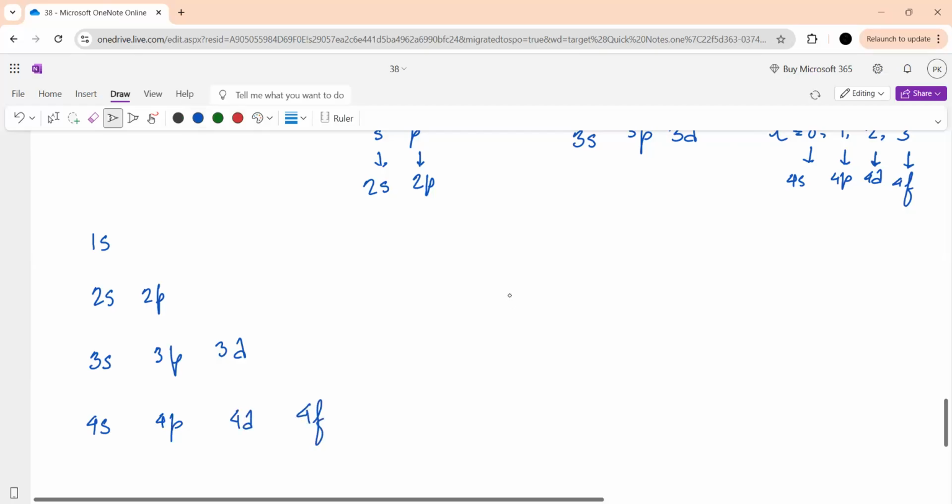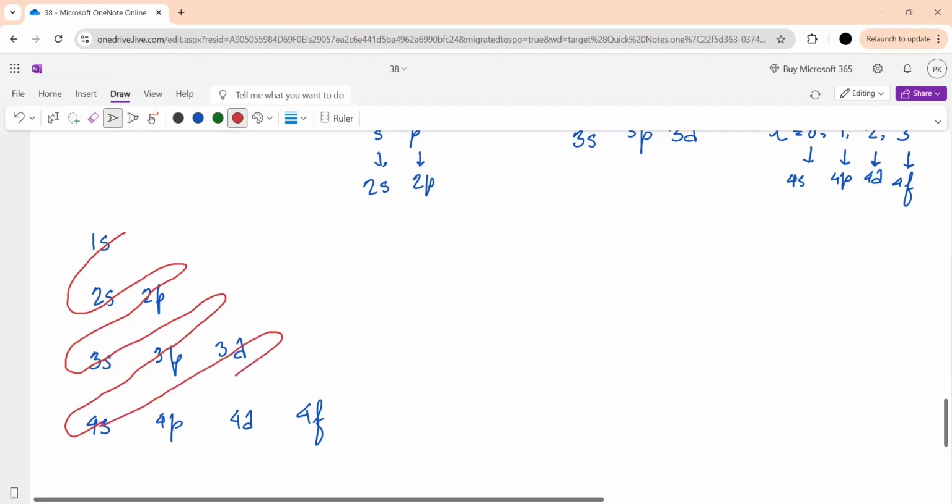And we go like this. 1s, after that 2s, then we will have 2p. After that, we will have 3s. Then we will have 3p. After 3p, we will have 4s. Then we will have 3d. Like this we will go, okay?